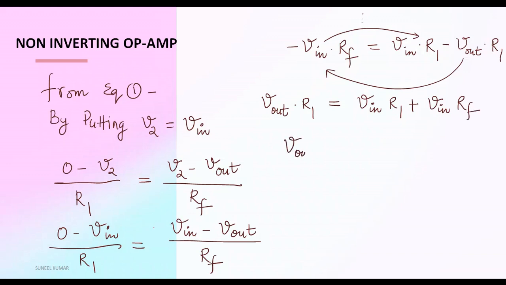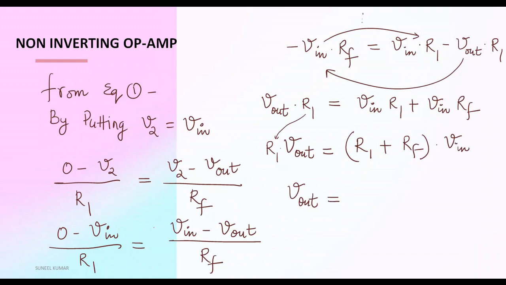So V output is equal to R1 plus RF, into V input, divided by R1.